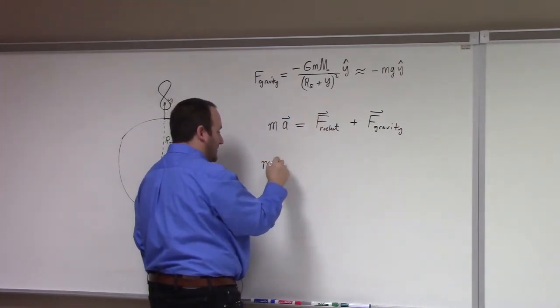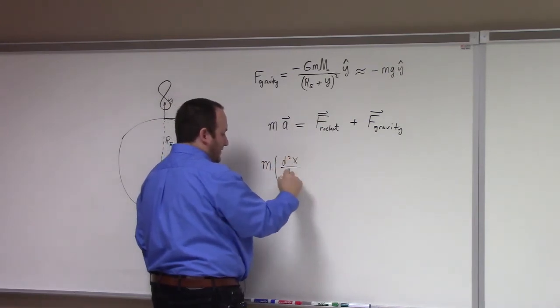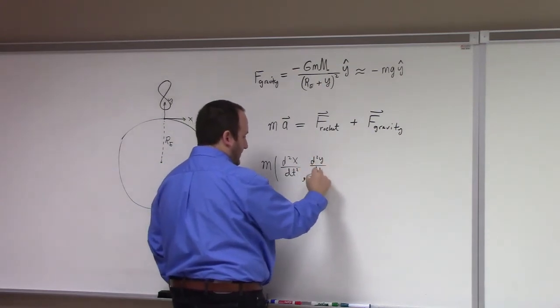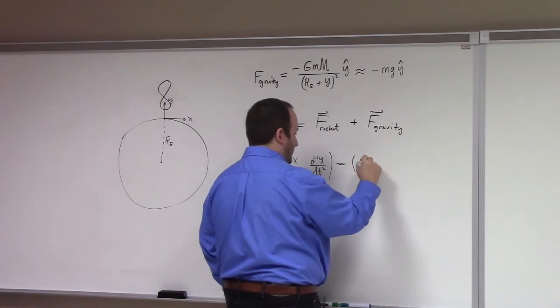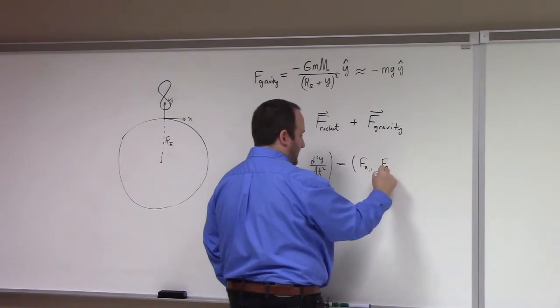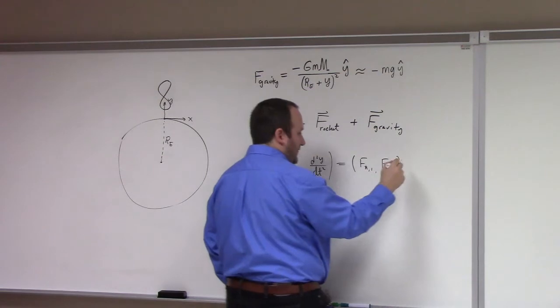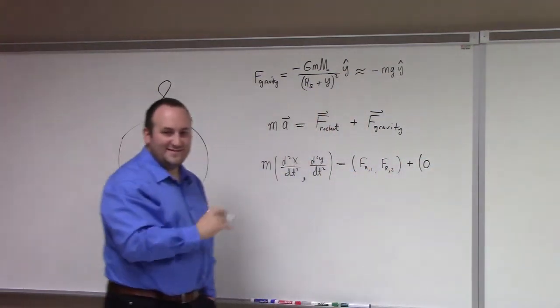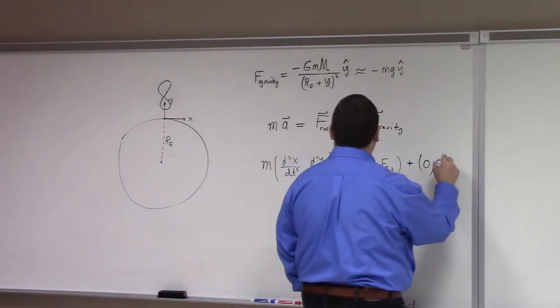But here we have d squared x dt squared, comma, d squared y dt squared. This is the rocket force: the first part, the x component, and the second part, the y component. And then the force of gravity is a little bit easier here. It has no x component, and the y component is F gravity.